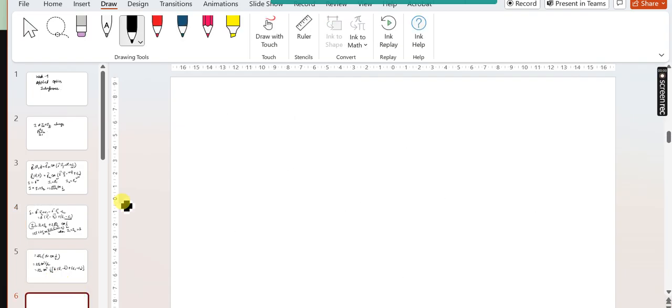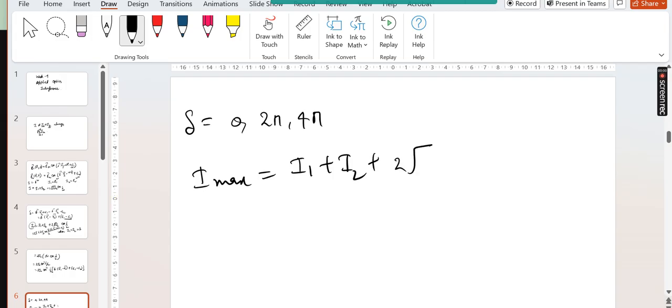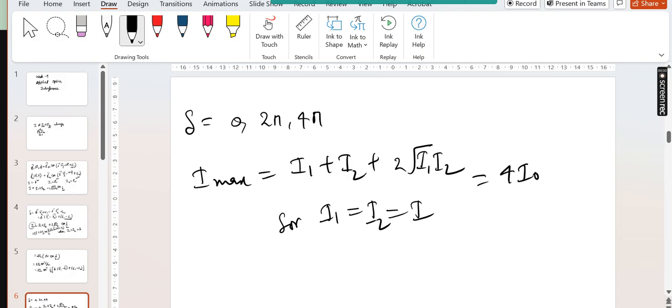So we know that when delta is equal to 0, 2 pi, 4 pi, we get I max, which is I1 plus I2 plus 2 root over I1 I2. For I1 equal to I2 equal to I naught, this becomes 4I naught.